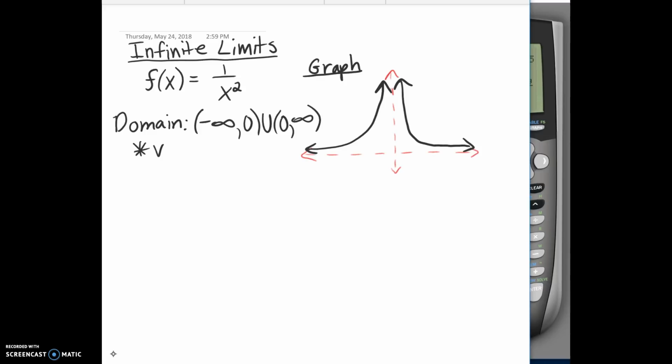So our focus in this lesson will be the vertical asymptote. We do have a horizontal asymptote, but again, this will be our focus for today.